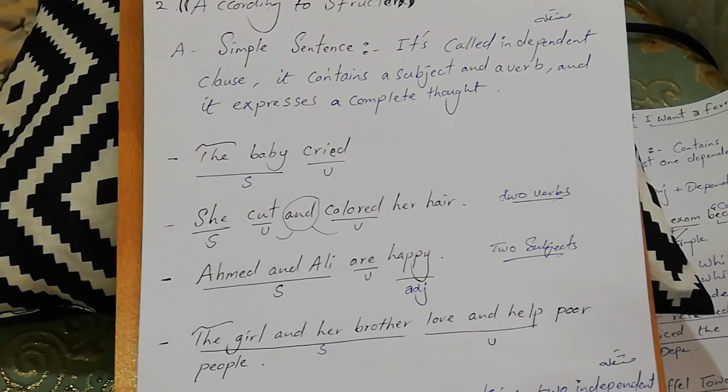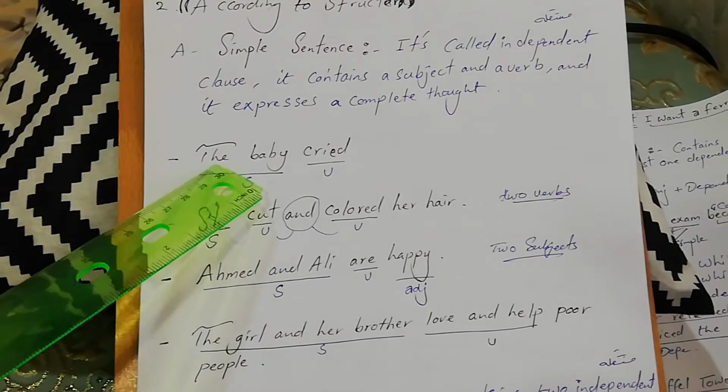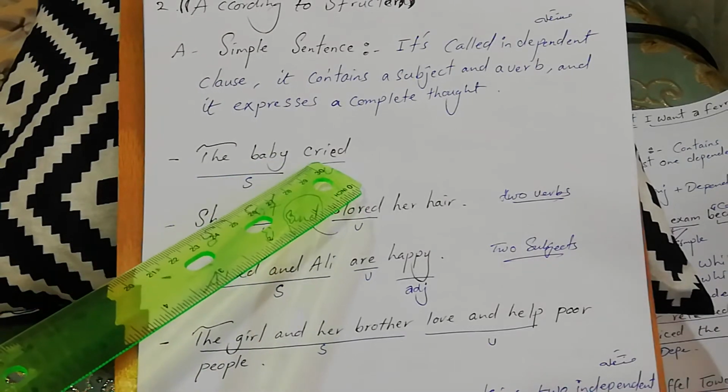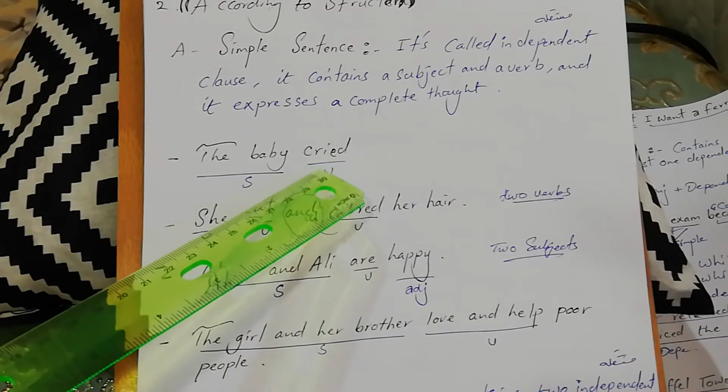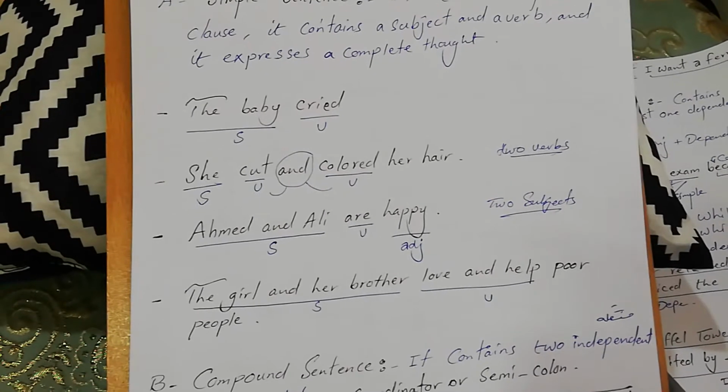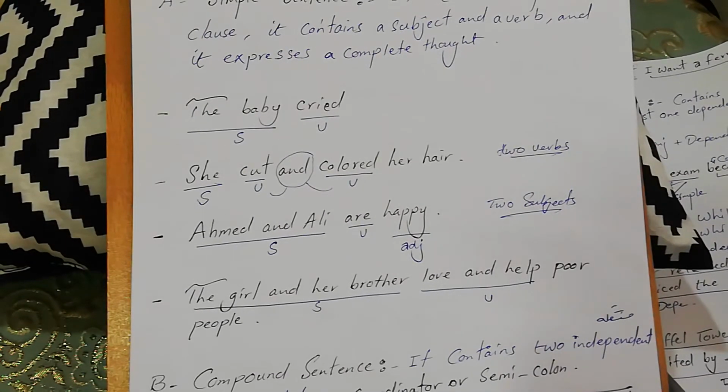Whenever I read the sentence I understand, it gives me a complete idea or thought. Just like here: the baby cried. The baby is the subject, cried is a verb, a past verb.